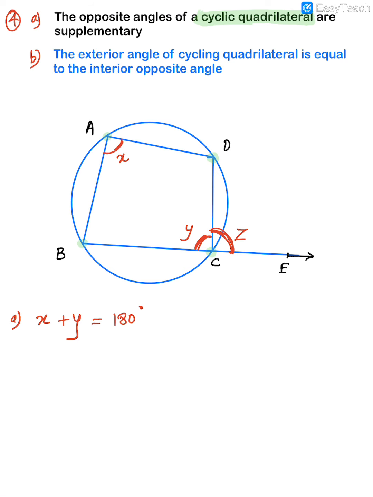I'll repeat once again. So what does the second property state? It states that the angle Z is equal to X, or X is equal to Z. The exterior angle of a cyclic quadrilateral is equal to the interior opposite angle.